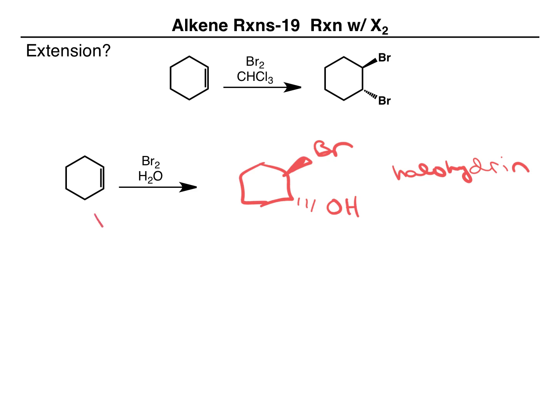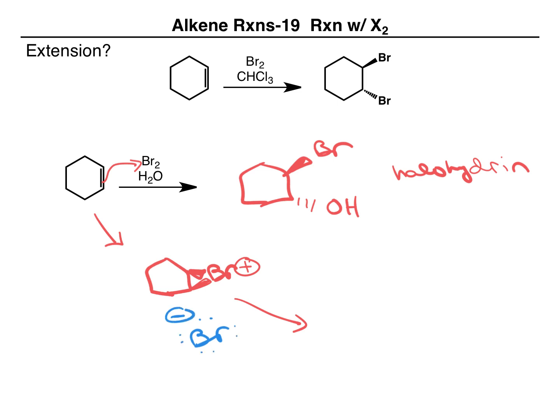The first part of the mechanism is going to be the same, where the alkene shares its electrons with bromine, and then the second bromine leaves, the first bromine attacks back, and we get a cyclic bromonium ion as an intermediate. Now, if there's only inert solvent, then the next thing that would happen would be attack of the Br minus that just got kicked out.